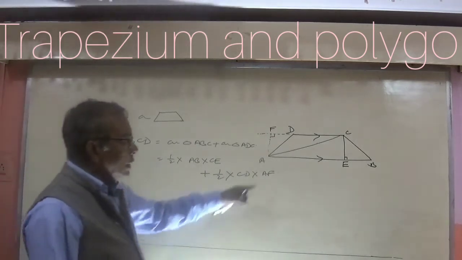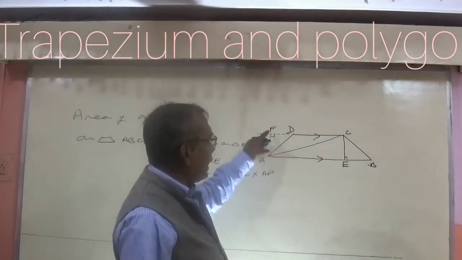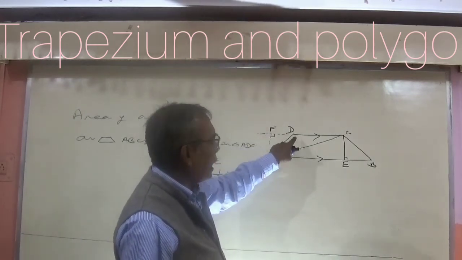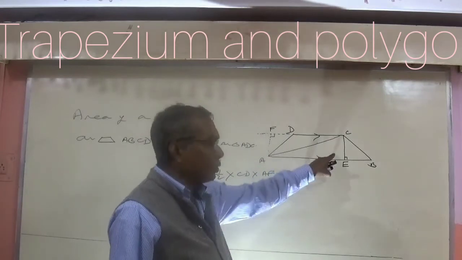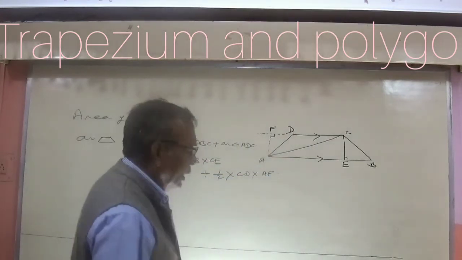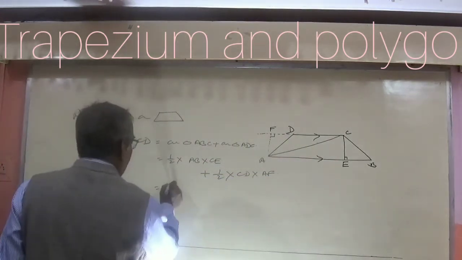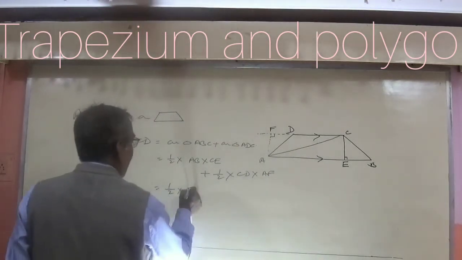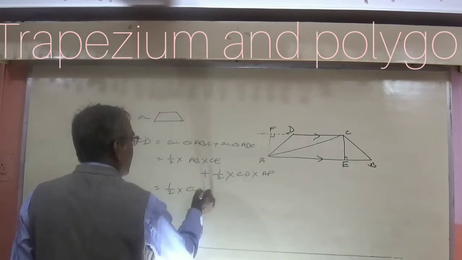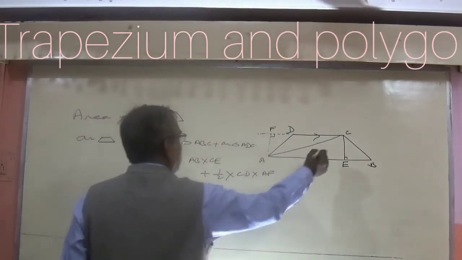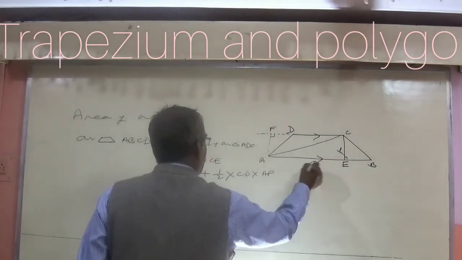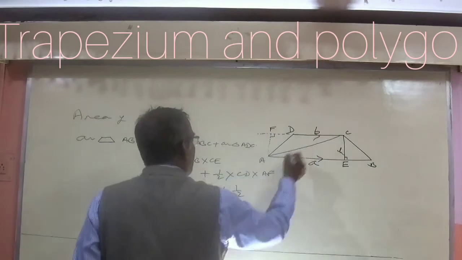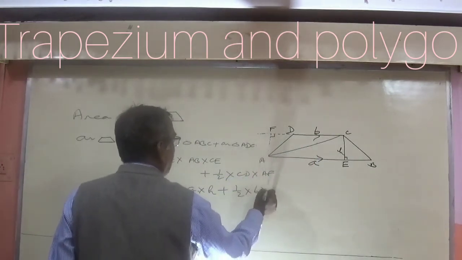This particular triangle's height is AF. It is not necessary that the altitude always be within a triangle, it may be outside the triangle. So now you can say half into, suppose AB's length is a, into CE, the height h, plus half into CD, say b, into AF.